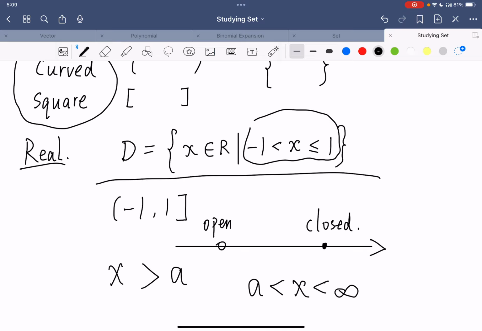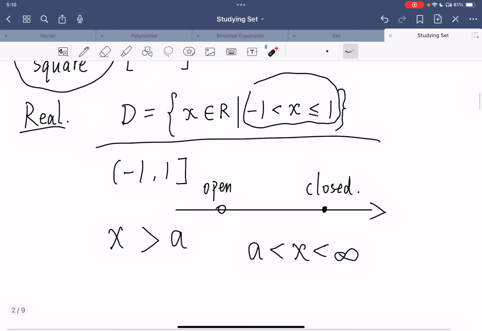Okay, so when talking about infinity, there is no square bracket, which means you have to use curved or round brackets here.